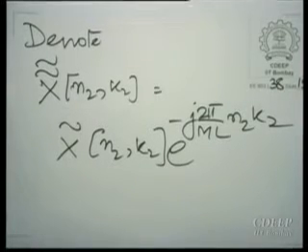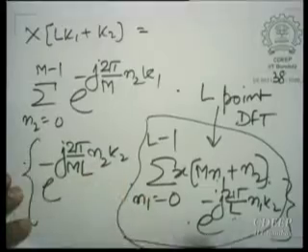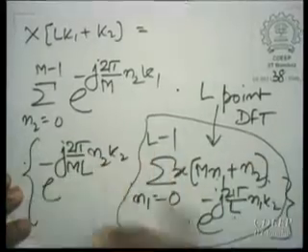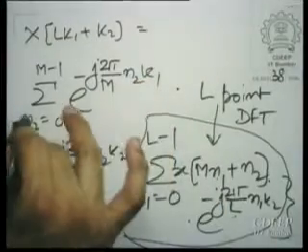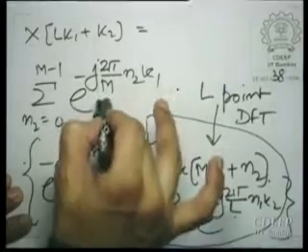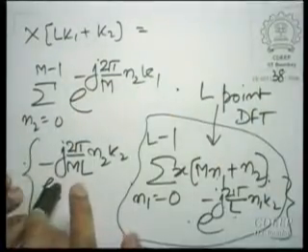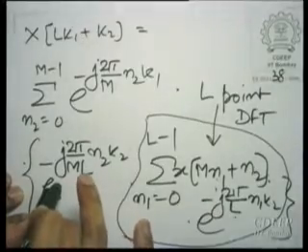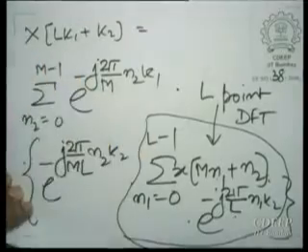Now look back at the summation. We've taken care of this, we've taken care of this. Now this whole curly bracket expression is x double tilde. Now x double tilde is acted upon by the summation n2 going from 0 to M minus 1 of e raised to the power minus j 2 pi by M, this time 2 pi by M, n2 k1. So it's very clear that this is essentially, for every value of k2, an M-point discrete Fourier transform.